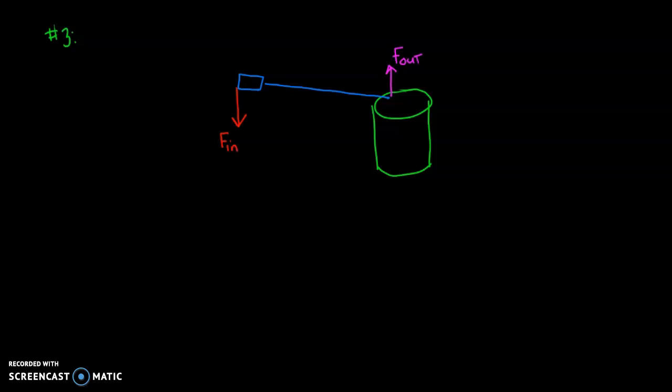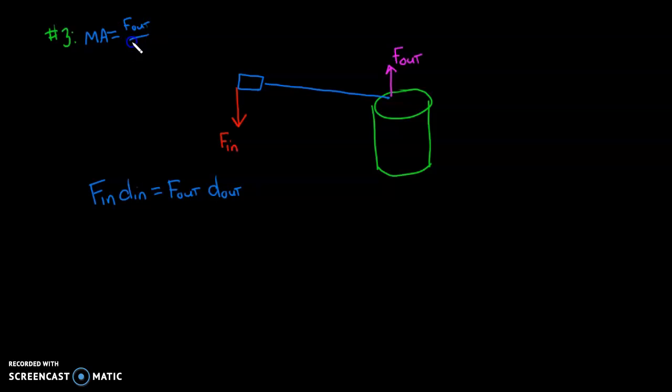Now what we need to figure out are our distances. Alright, so what we're trying to do here is F in times the distance in should equal F out times the distance out. Okay, and this comes from our mechanical advantage.